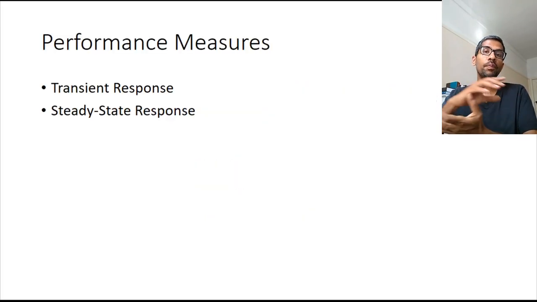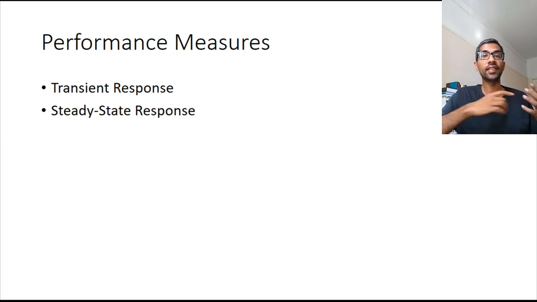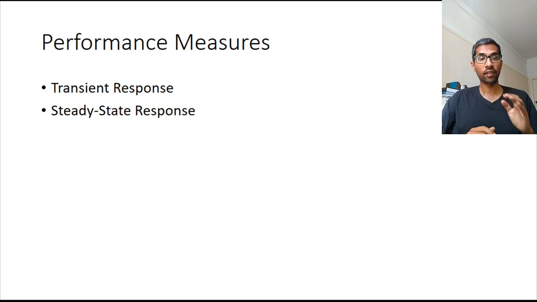Okay, the two basic types of performance measures that we are going to look at in this lecture are performance measures that are based on the transient response. Remember, in the earlier lecture, I talked about transient response. Transient response is the changing response. So if the input is a constant and it is changed to some other value, the control system takes some time for the output to reach a steady state value.